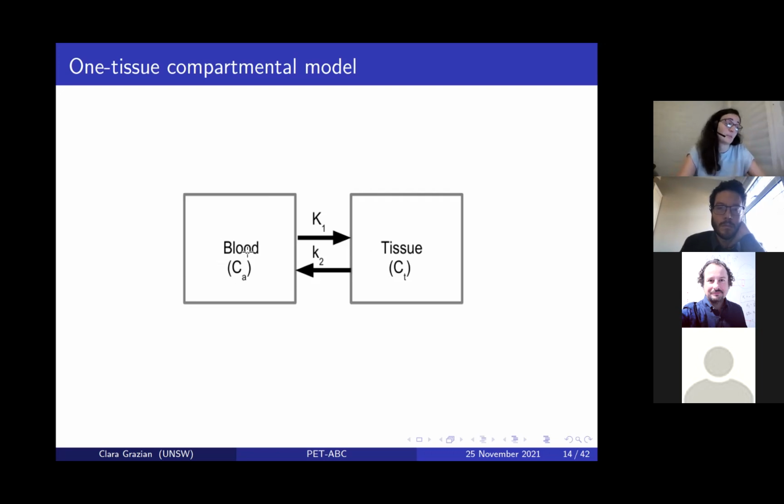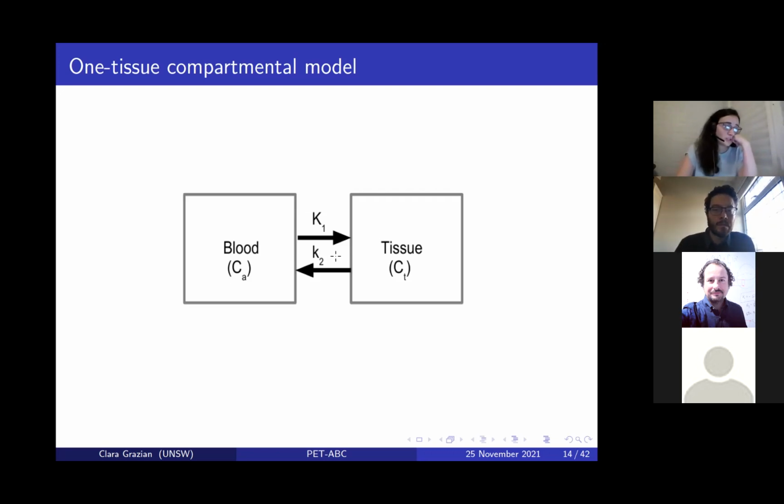And this represents the input function. And then there are 2 first order kinetic rate constants, K1 and K2. K2 represents the flux from the tissue to the blood, and K1 usually represents a diffusion from the blood to the tissue. So each state is assigned a compartment, and the change of concentration is described by a differential equation.